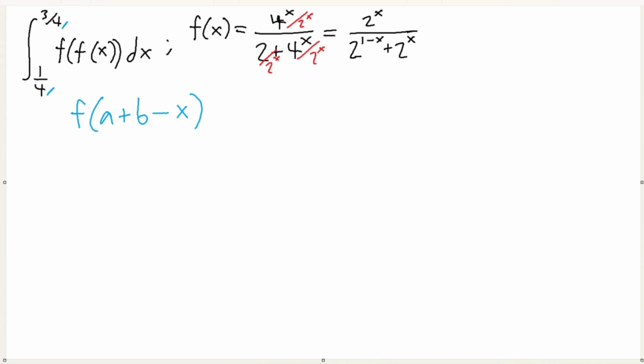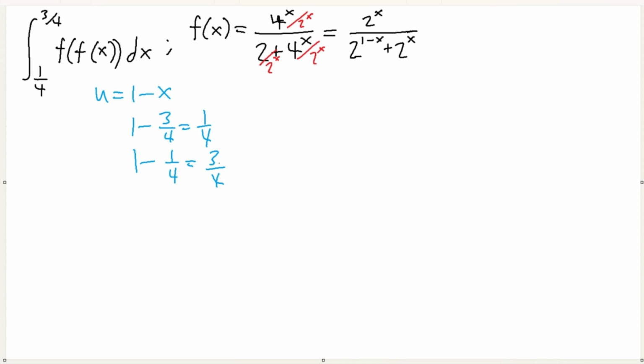So what this means is that when we let u equal 1 minus x, then 1 minus 3/4 is 1/4, and 1 minus 1/4 is 3/4. What this means is that the bounds will still not change. And that's what King's rule is for.